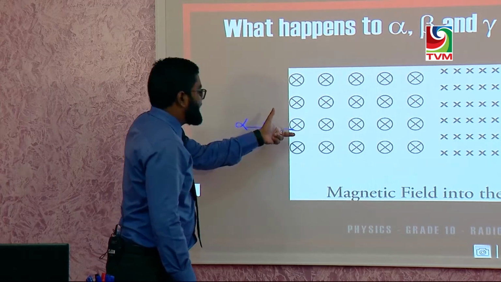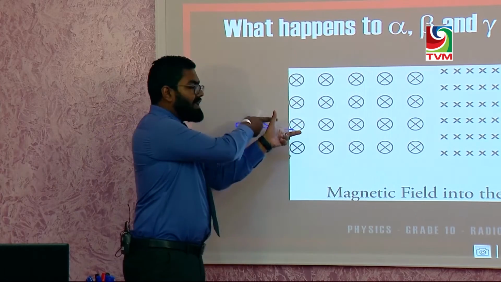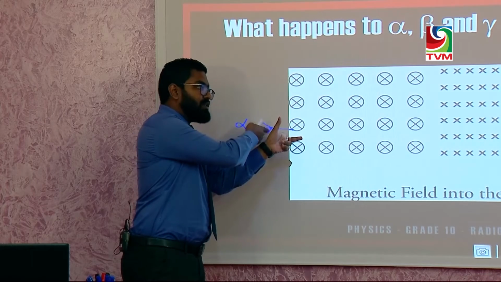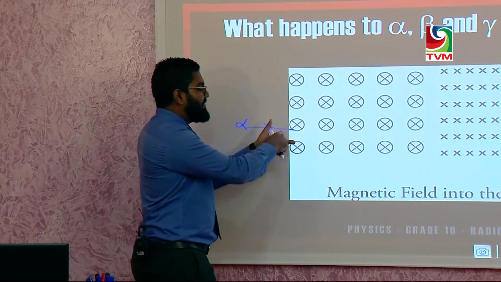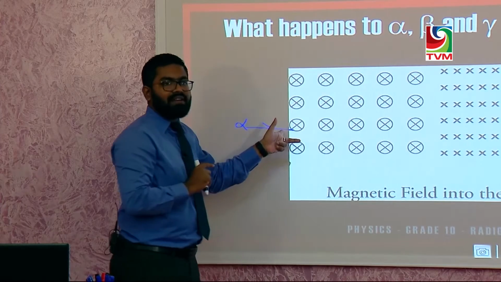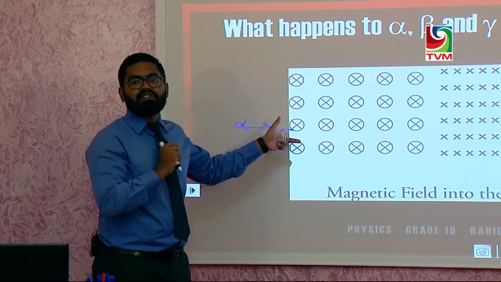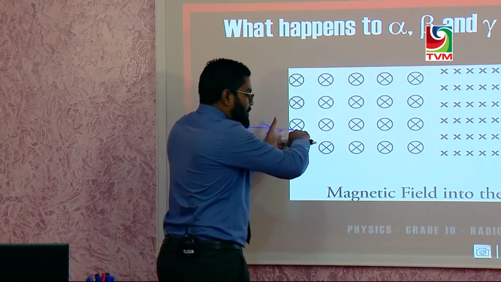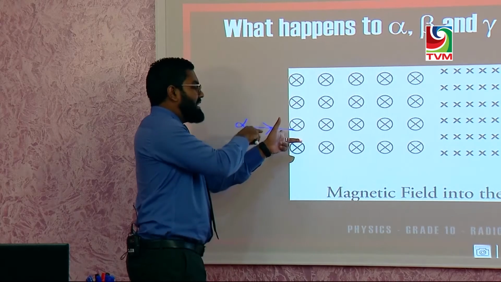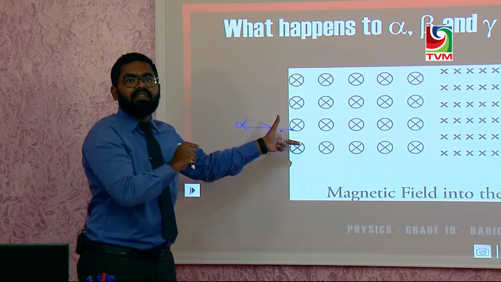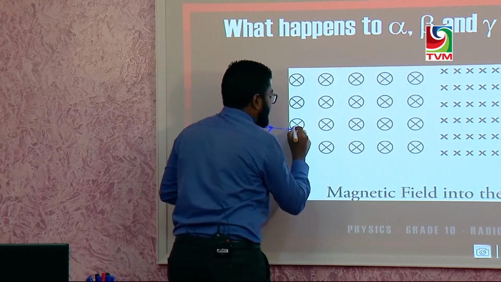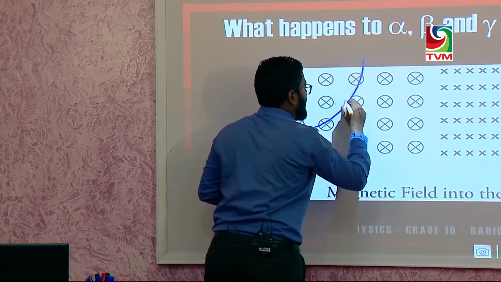Here my first finger points into the medium, the direction of the magnetic field, and this is the direction of the positive particles, the direction of conventional current. The particle is going this way, the magnetic field is into the medium, and the force is directed upwards. That means this alpha particle will be deflected upwards.